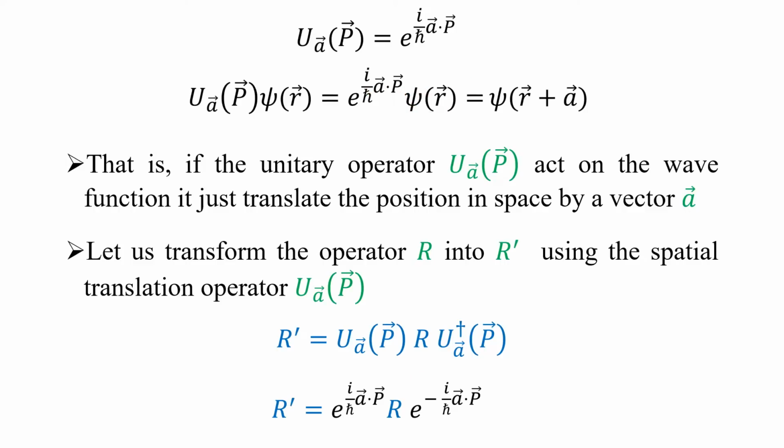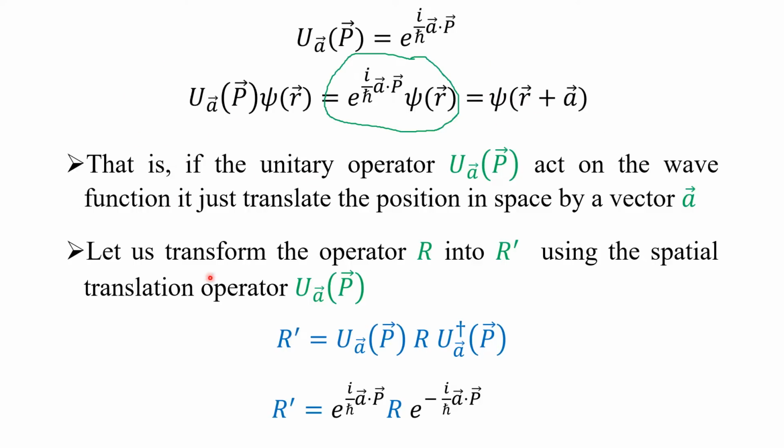We have seen many times that this is equal to psi of r plus a. That is, if the unitary operator U of a acts on the wave function, it just translates the position in space by a vector a. That is the implication of this expression.